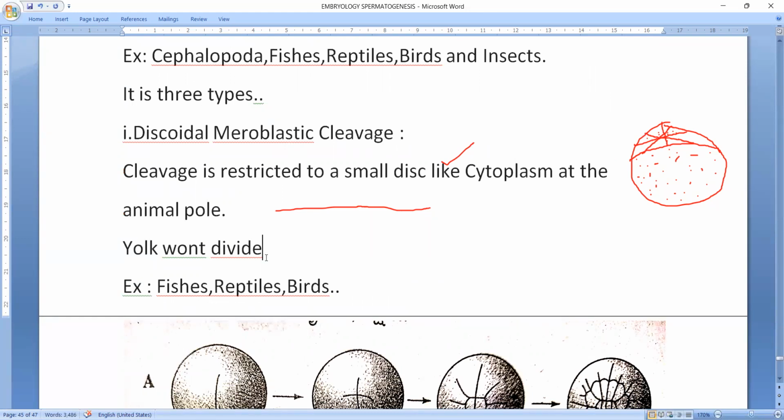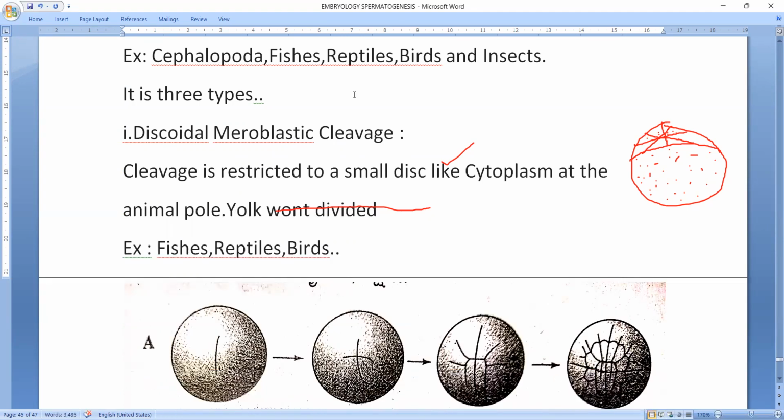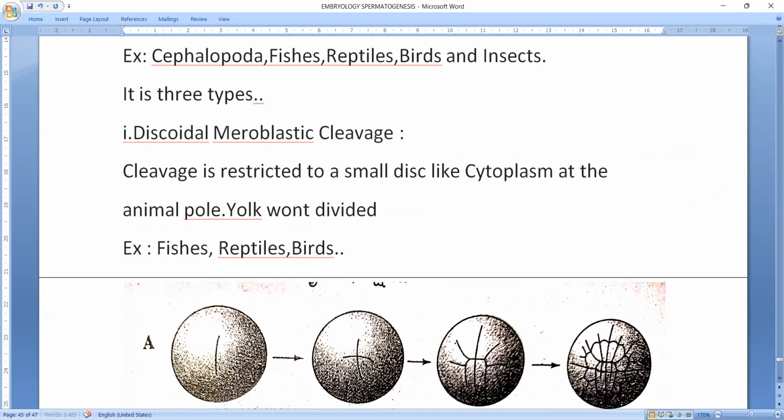Here the yolk substance is not divided. Example, fishes, reptiles, birds, which are having megalethal or mesolethal type of eggs.